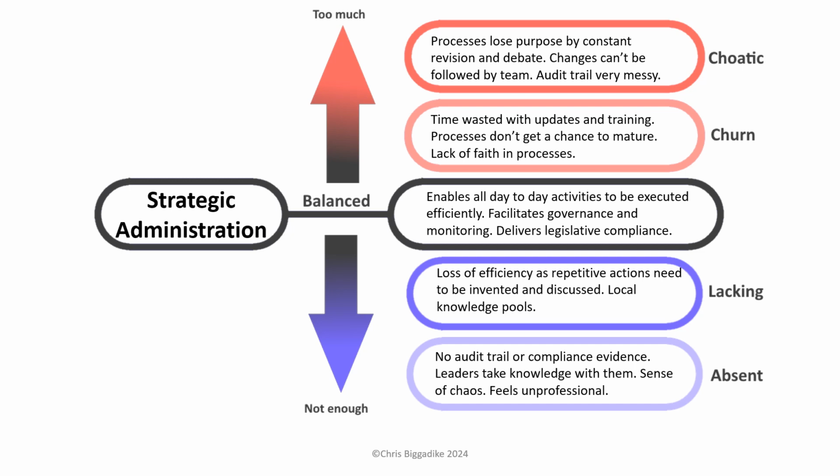There's no evidence of compliance, even when it's important. Leaders that leave take their knowledge with them, nothing written down. And there's a sense of chaos. Overall, it feels very unprofessional. People expect a business to have documented processes.